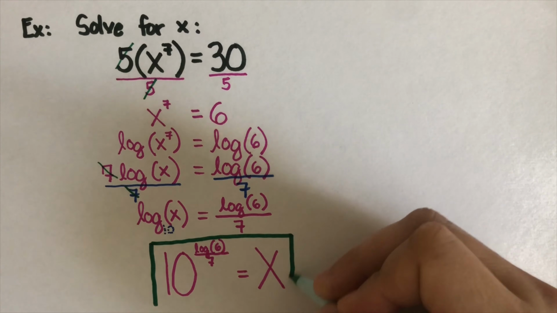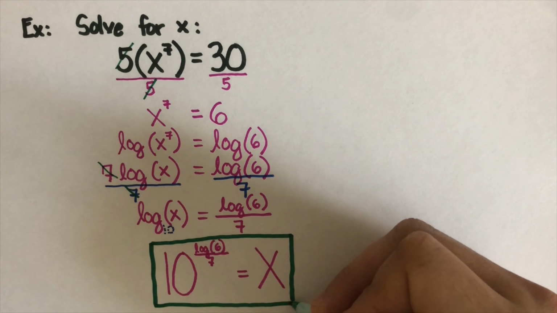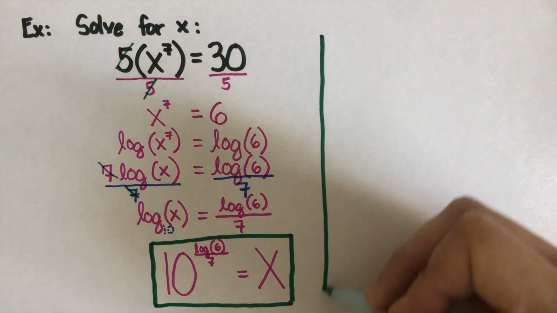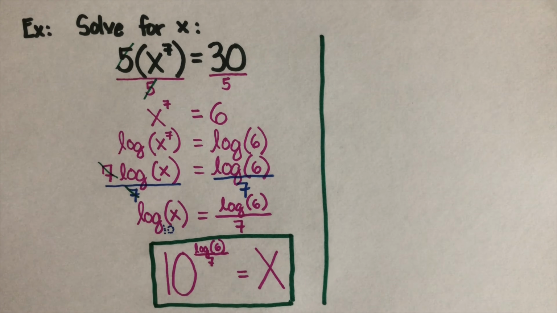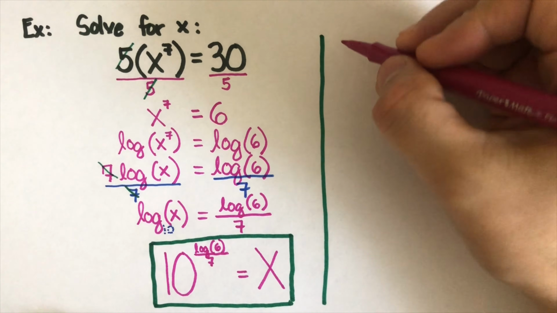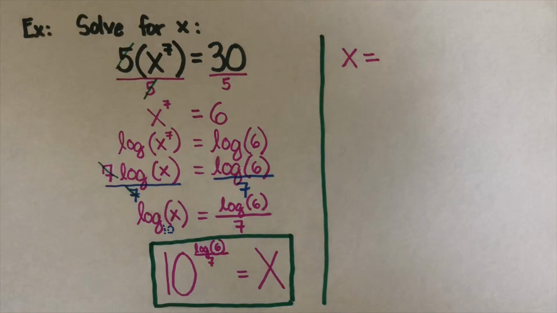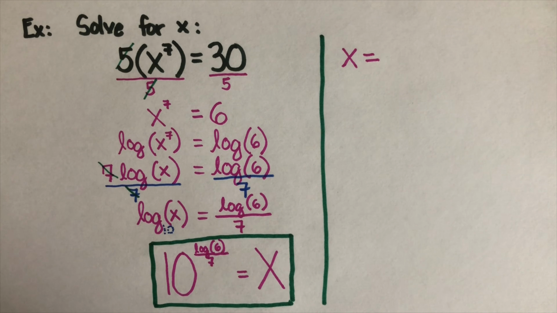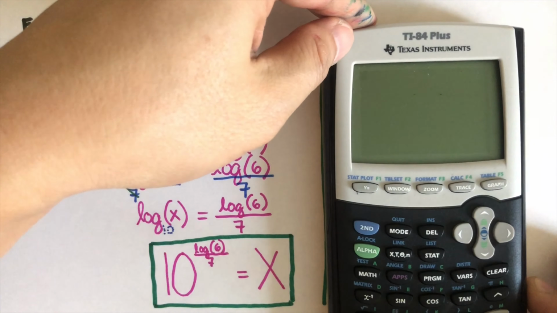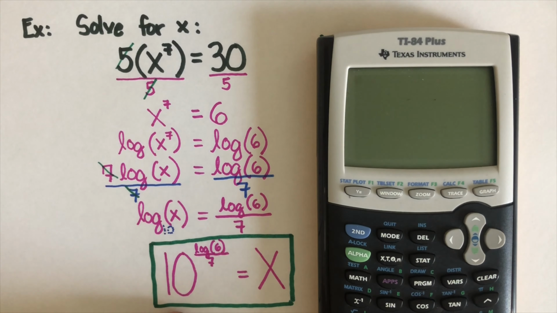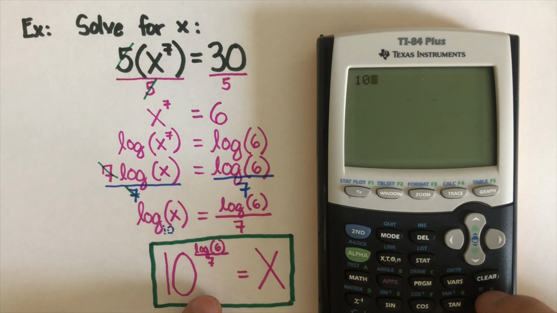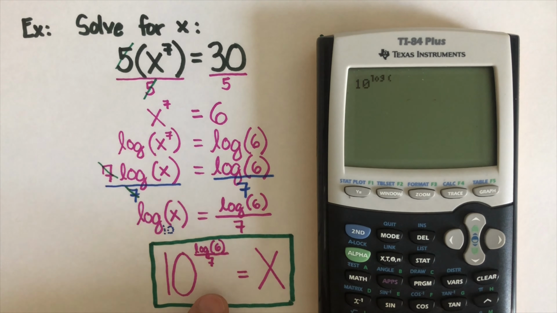Now, let's change this to its decimal form to better understand what this is. So x is equal to, I will type that into the calculator: 10 to the exponent log of 6, close parentheses, divided by 7.